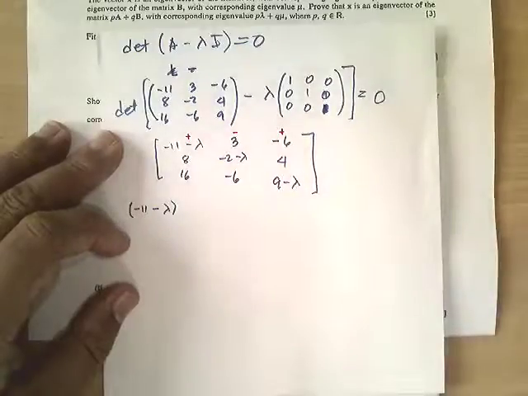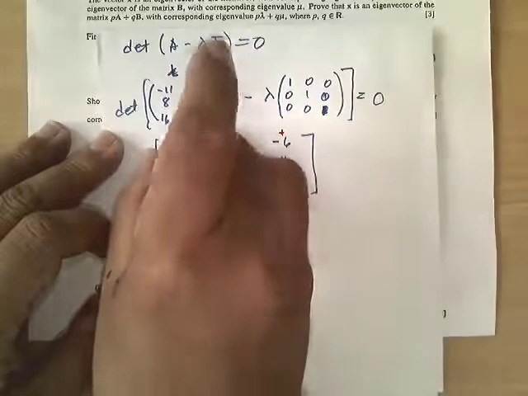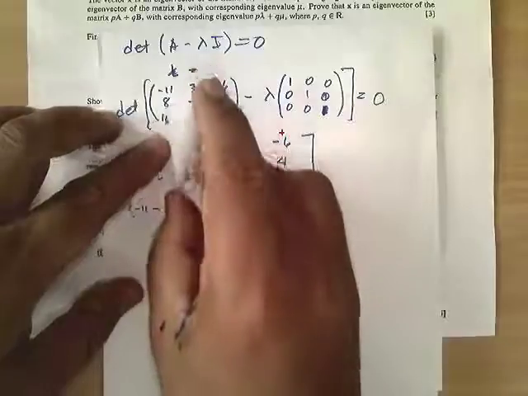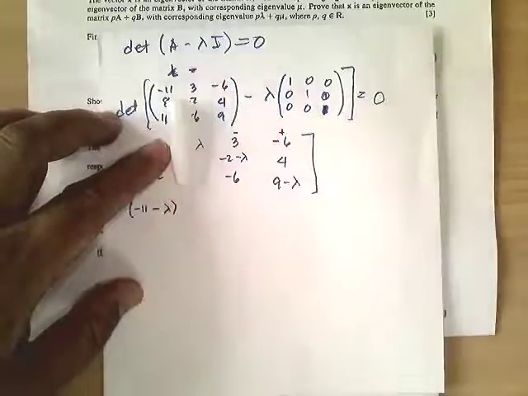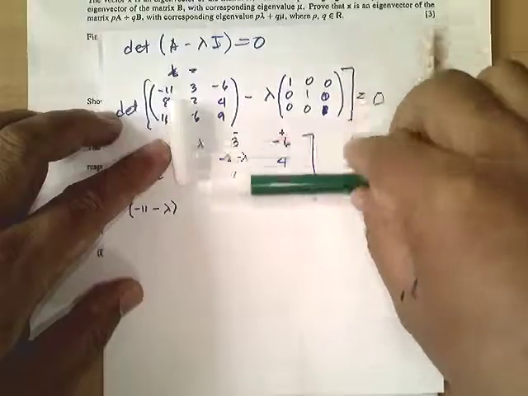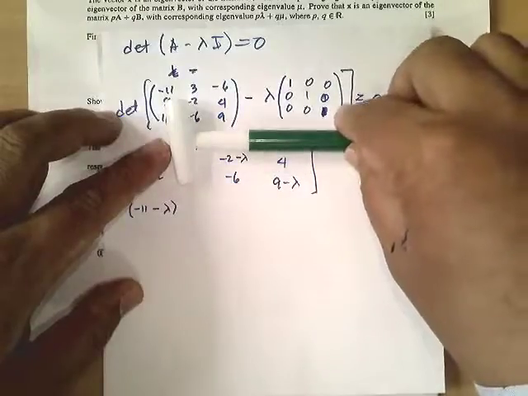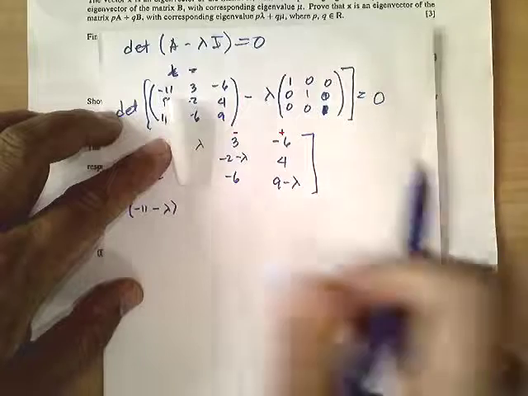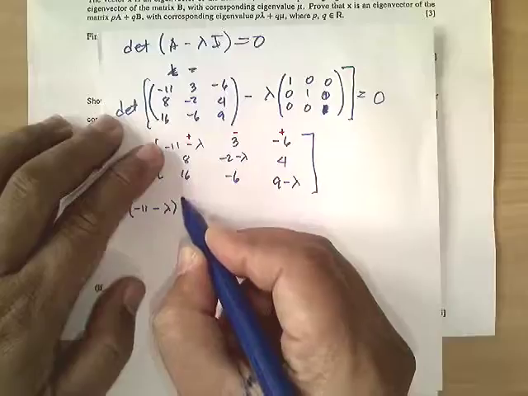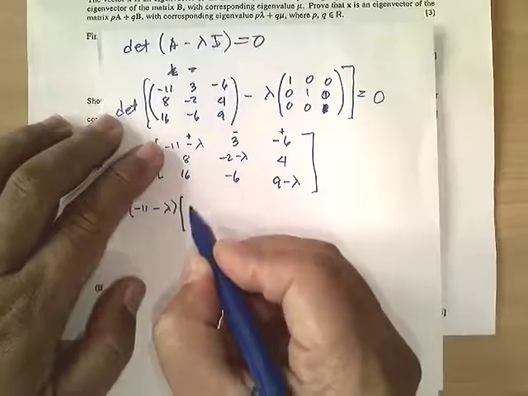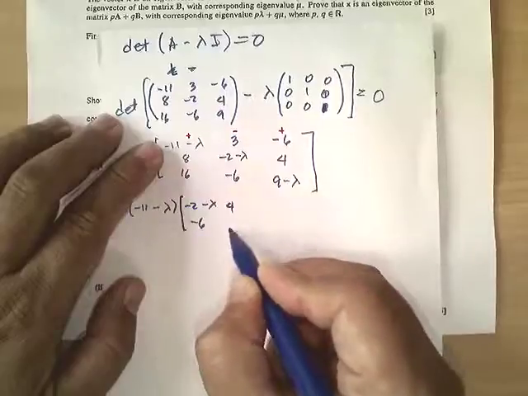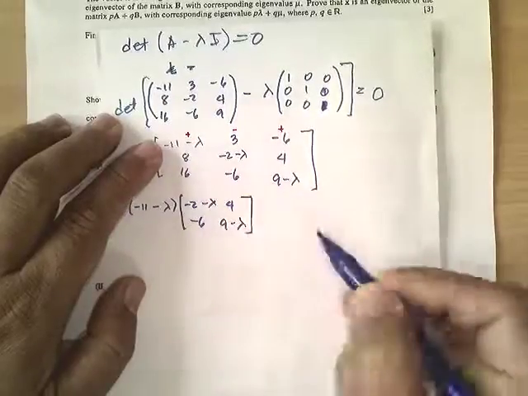So how would you get the cofactor? You cover that one, and then you also cover this one. Then the entries that remain are the cofactor. That's going to be, I think it's better if I write it down first: negative 2 minus lambda, negative 6, 4, 9 minus lambda.